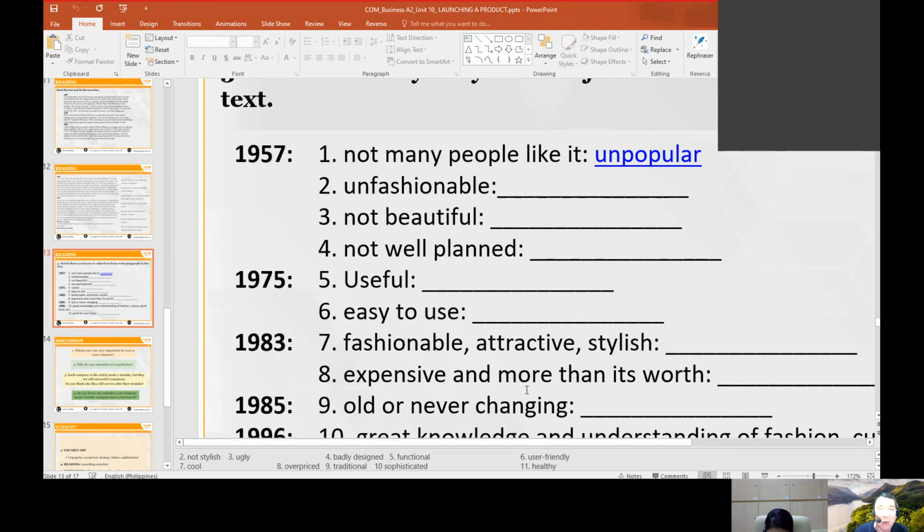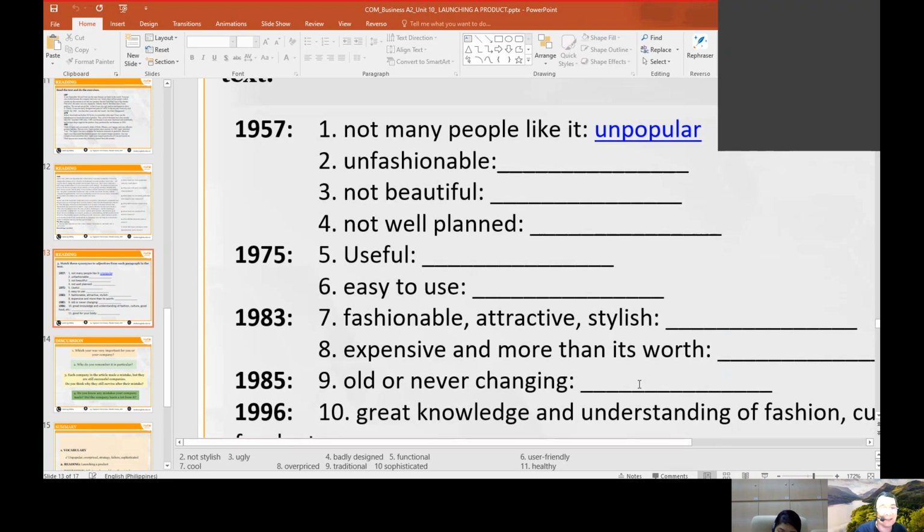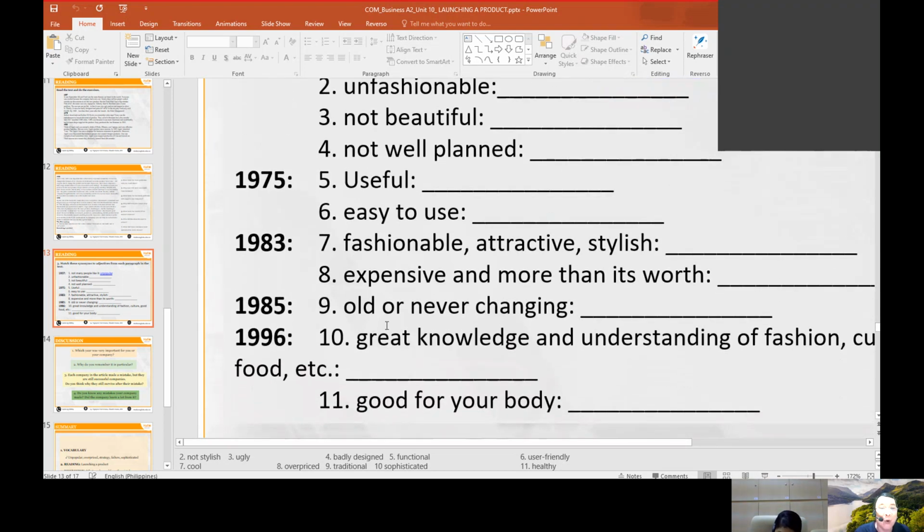Next, number eight, expensive and more than its worth. That means overpriced. Number nine, old or never changing, that means traditional.